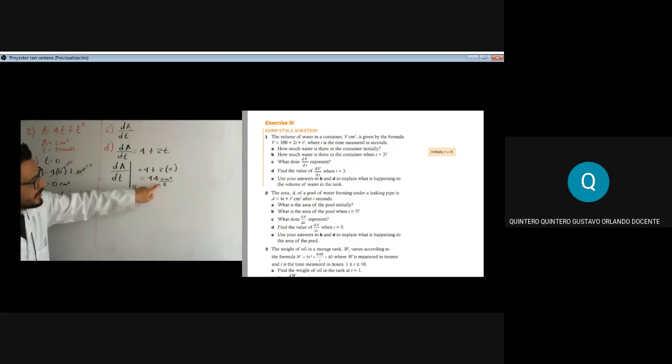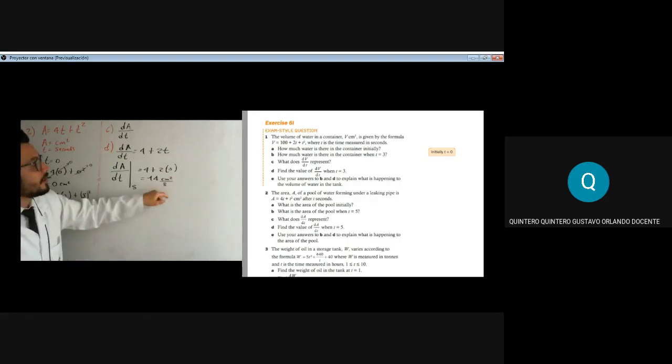What I'm saying here is that at exactly 5 seconds, the area is increasing by 14. Because the unit says it is centimeters squared per second, so every second there are 14 more centimeters squared. That is what it's saying right there.